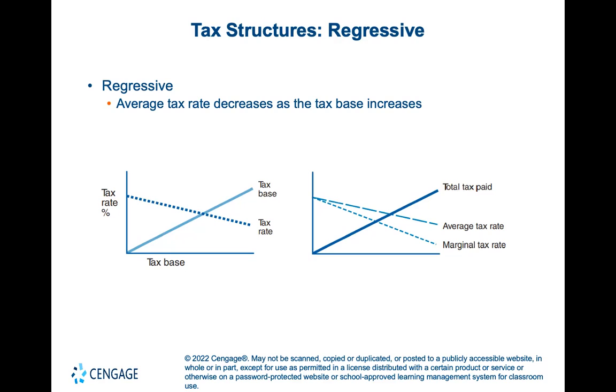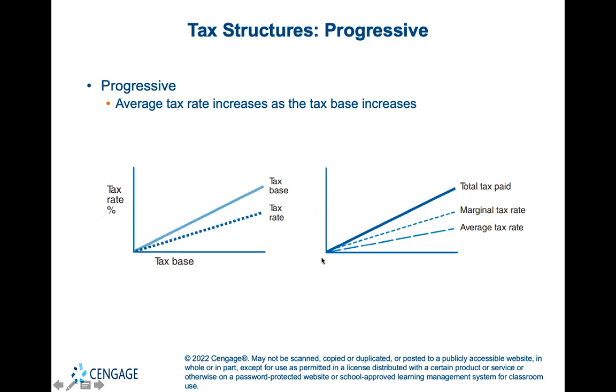And of course, look at your marginal tax rate on the right. The slope is steeper than the average tax rate. That's what it's saying: as the tax base increases and is larger, the rate decreases.